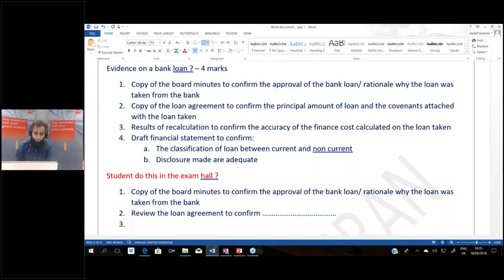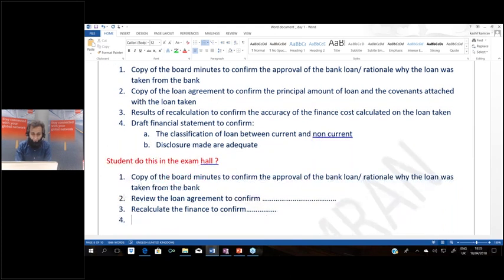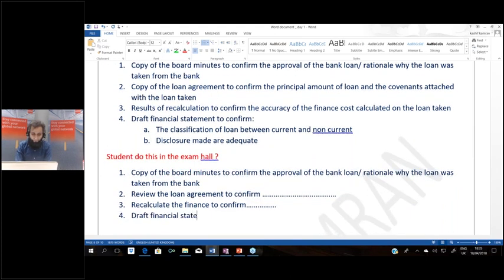Okay, he came to number 3, and mistakenly in the number 3 he wrote, recalculate the finance cost to confirm something. And then in the fourth he wrote draft financial statements to confirm whatever.